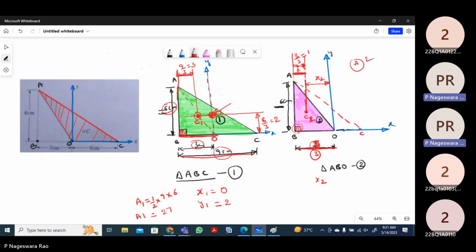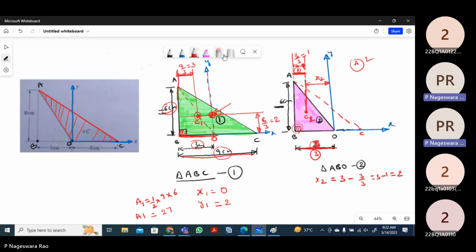From the AB line it is 1 centimeter, that is 3 by 3 means 1 from 90 degrees. But I need the x2 coordinate, so x2 becomes 3 minus 1, as per the formula 3 minus 3 by 3. 3 minus 1 means 2.